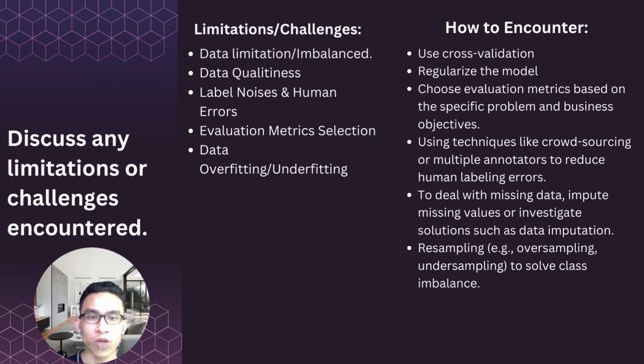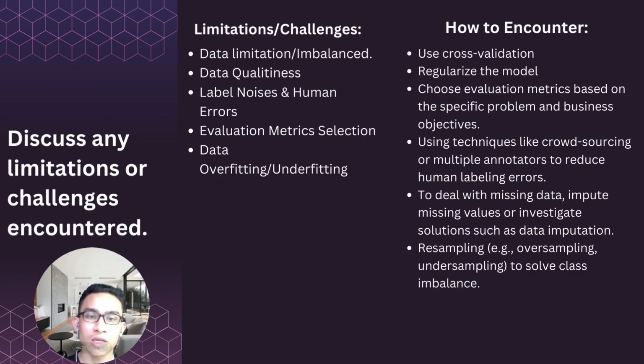We should also choose evaluation metrics based on the specific problem and business objective during evaluation metric selection. To counter label noise and human errors, such as data sets with lots of errors or imbalanced values in rows or columns, using techniques like crowdsourcing or multiple annotators reduces human labeling errors.